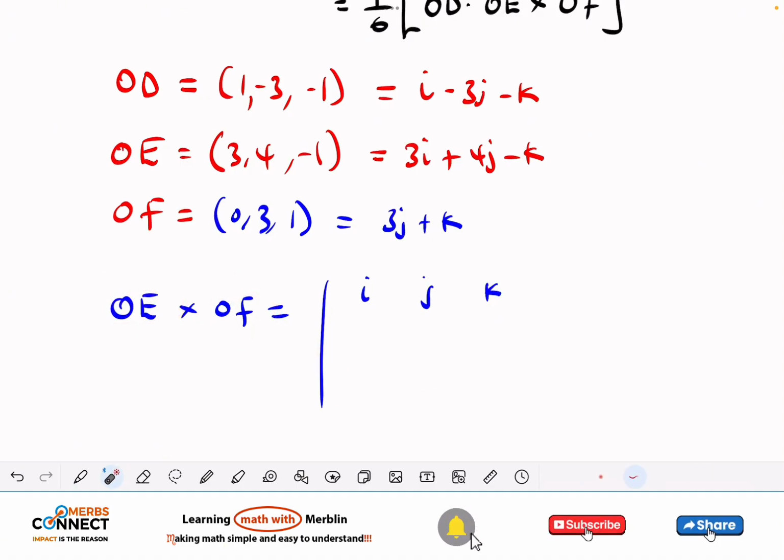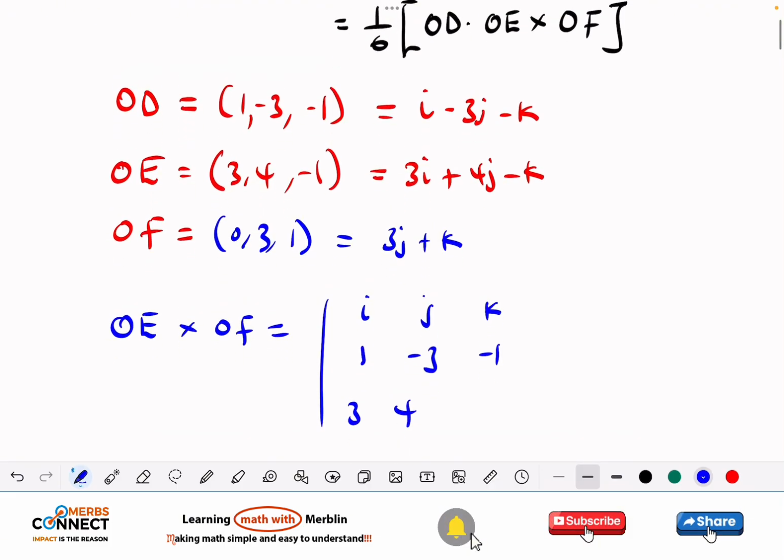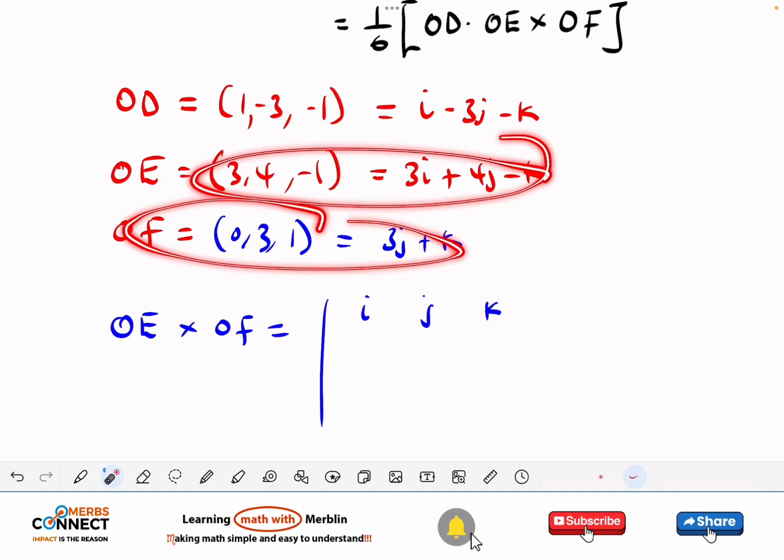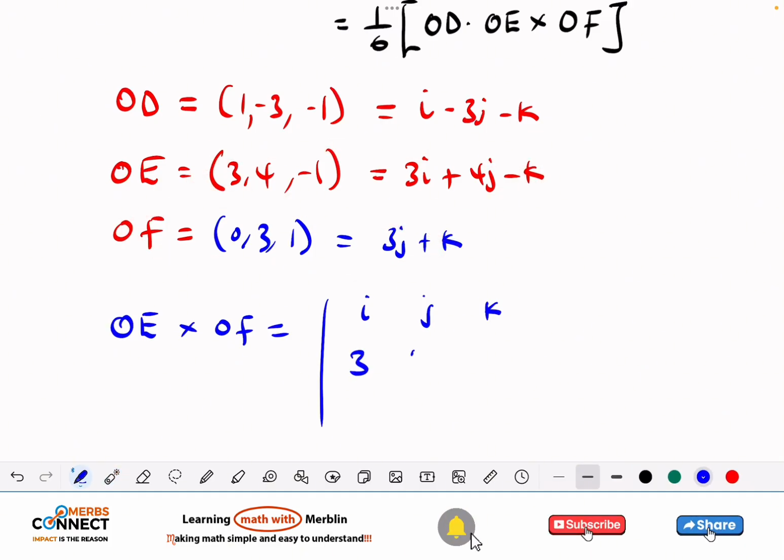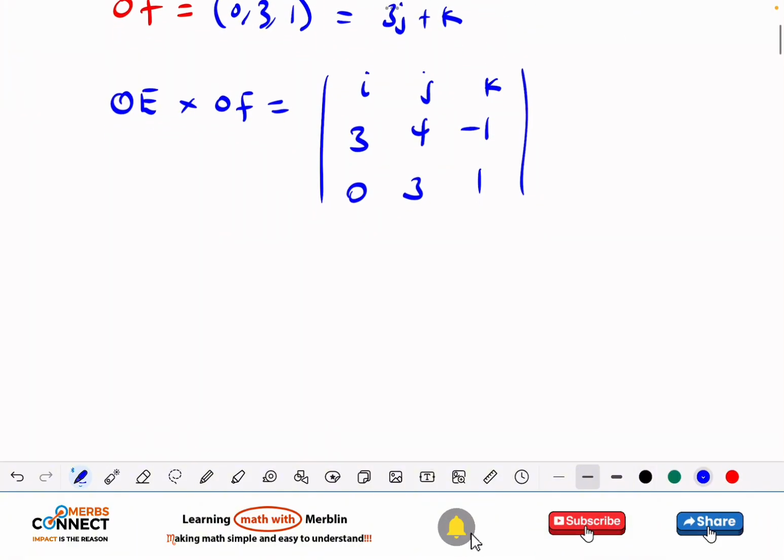So I'm going to pick the coefficients: 3, 4, minus 1, and then 0, 3, 1. So that's what I'm going to get from here.